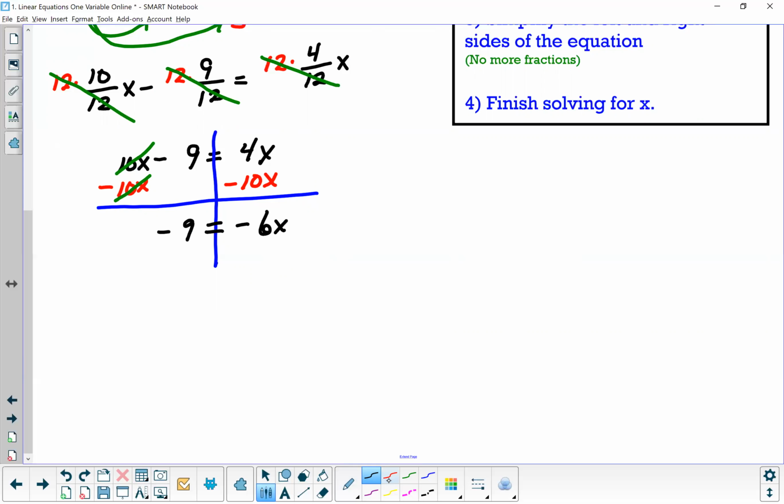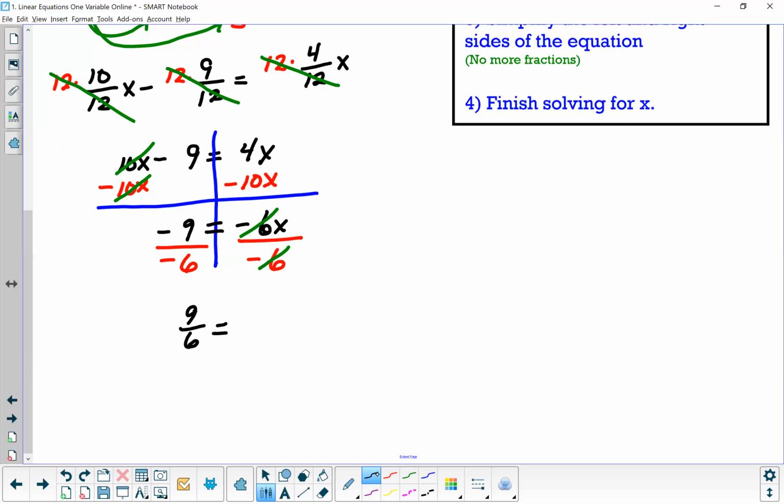Okay, we're going to end with dividing both sides by negative 6. So on the left, negative 9 divided by negative 6. A negative divided by negative is a positive. So that gives me positive 9/6 equal to. Then negative 6 divided by negative 6 gives us 1.